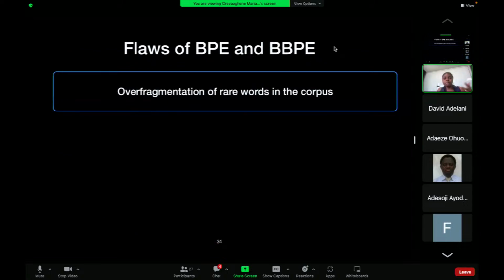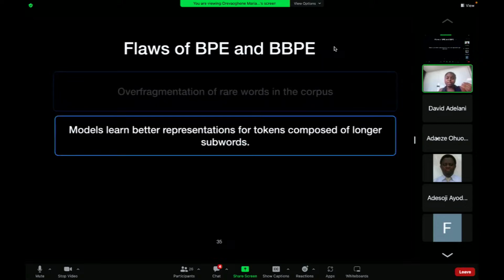But the flaws of BPE and byte-based BPE are that rare words will still get over-fragmented, and that promotes loss of information. Also, models will learn better representations for tokens that have longer subwords. If I have just Masakhane, my model will learn a better representation for Masakhane than for MAS and AK and HANE.